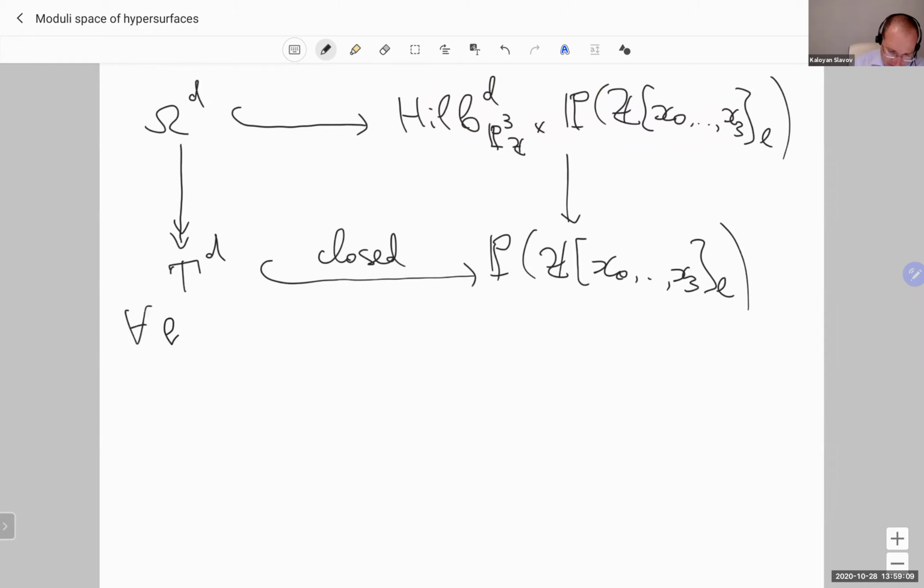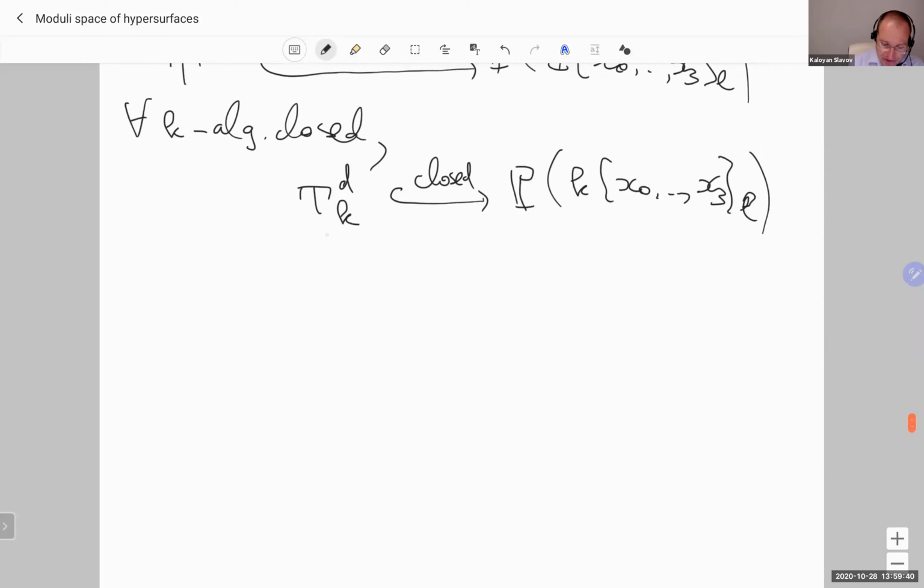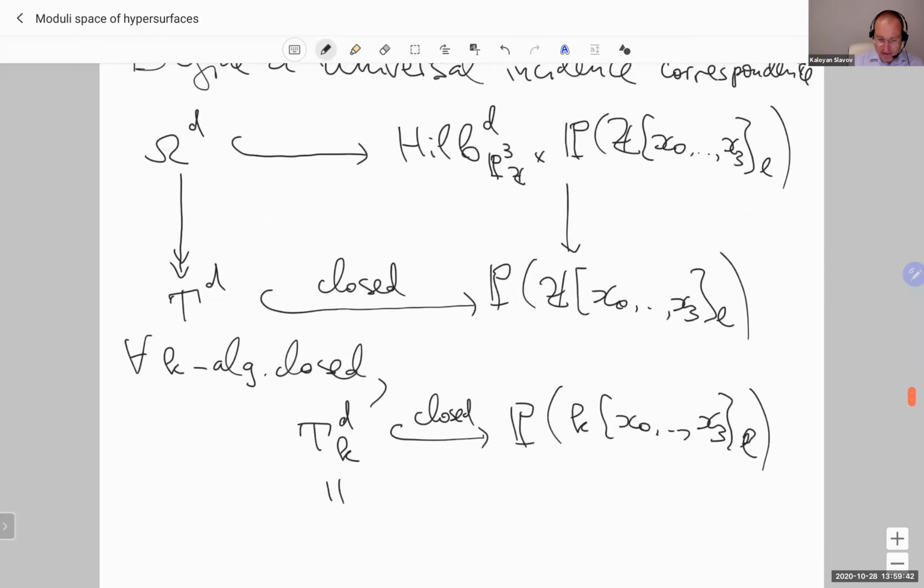For every algebraically closed field K, what is T_D,K? T_D, if I base change to K, is closed inside our projective space P_K of x0 to x3, homogeneous degree L. It's a closed subscheme inside our projective space of hypersurfaces of degree L. And it parameterizes, look, it's the image of the incidence correspondence to the space of hypersurfaces.